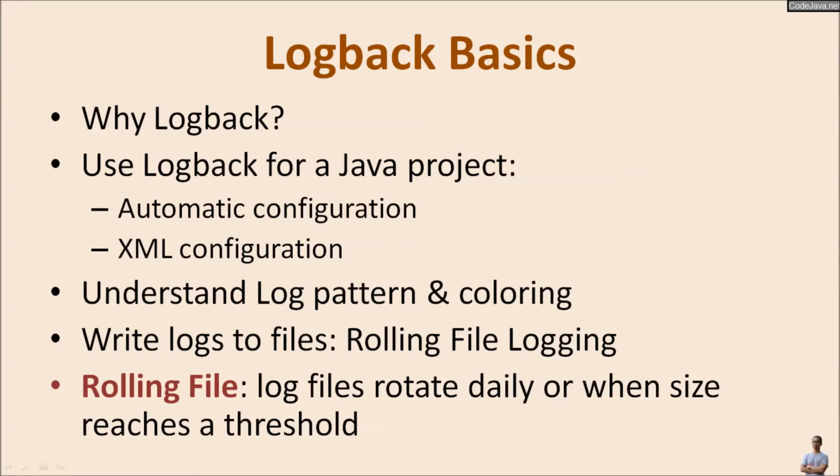Next, I will show you how to use the rolling file logging feature with Logback. Note that rolling file means that the log file will be rotated daily or when the size reaches the threshold.